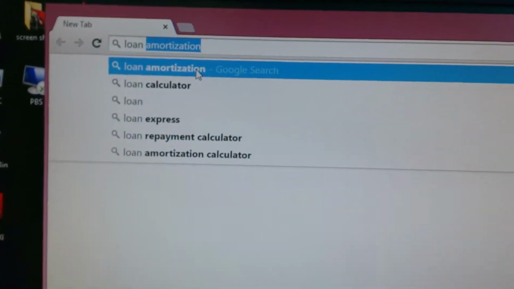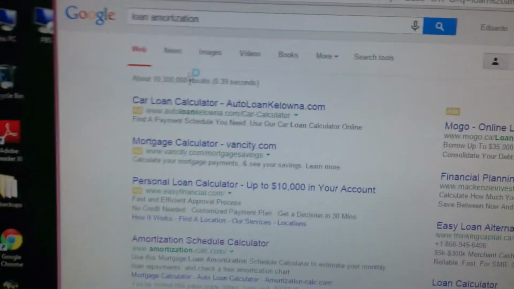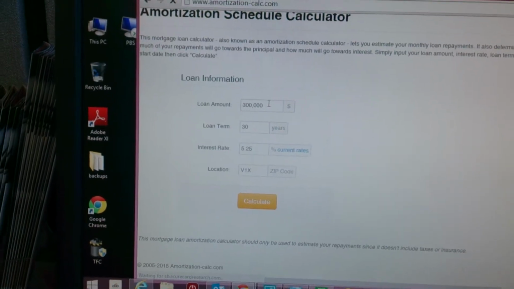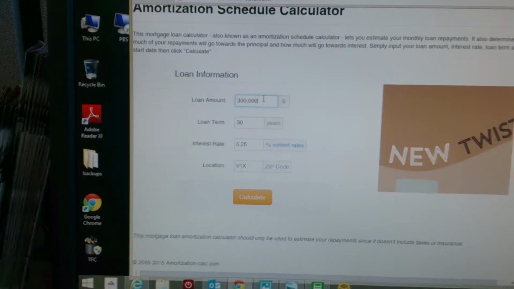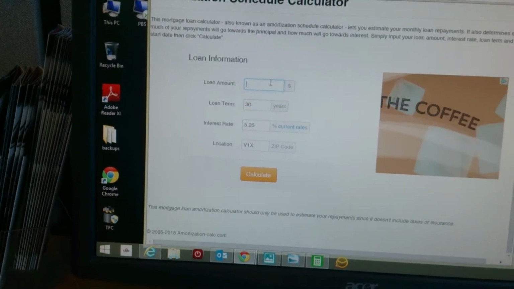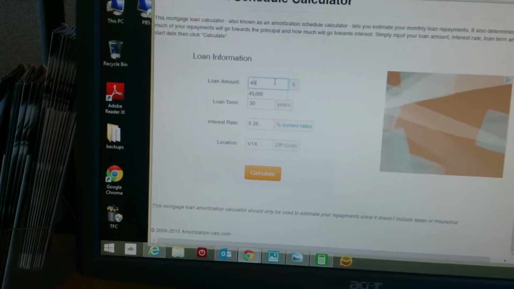trade out of your vehicle, and here using this tool, just go to loan amortization schedule calculator, because a lot of times we buy these vehicles on an 8-year term, and it's important to know what your term is, and your loan amount.